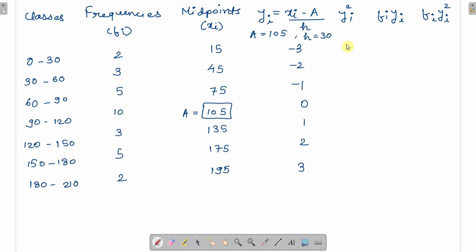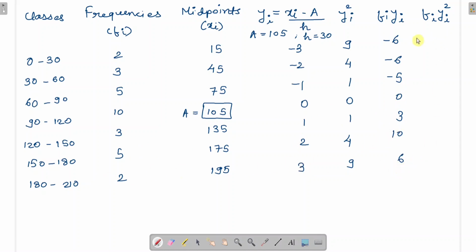Now Yi square. Minus 3 square is 9, minus 2 square is 4, minus 1 square is 1, 0 square is 0, 1 square is 1, 2 square is 4, 3 square is 9. Okay, now Fi Yi. 2 times minus 3 which is minus 6, 3 times minus 2 which is minus 6, 5 times minus 1 which is minus 5, 10 times 0 which is 0, 3 times 1 which is 3, 5 times 2 that is 10, 2 times 3 which is 6.